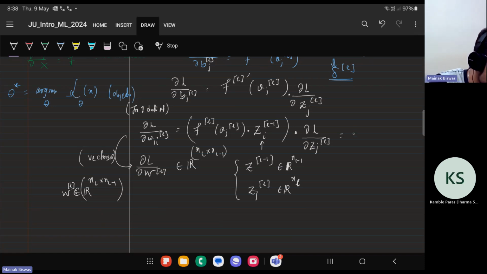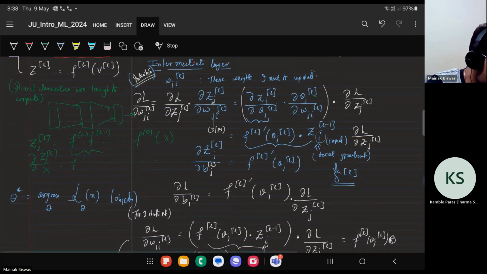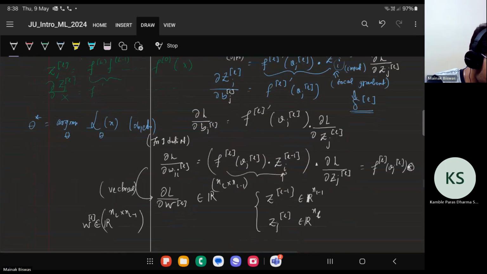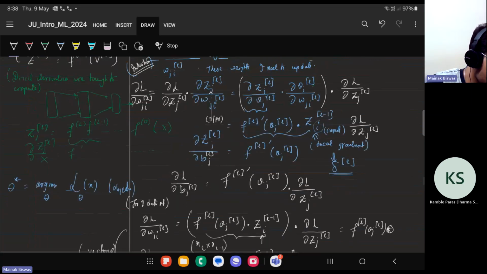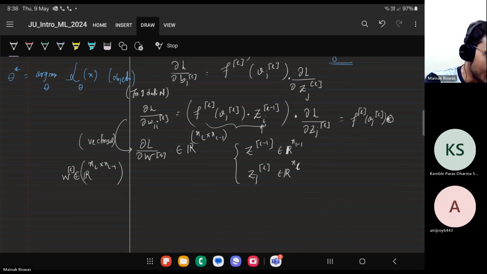So what will I do? I'll simply write this as F'L of Vj of L, a Hadamard product, since these are always one-to-one multiplication, right? So this Hadamard product with dL/dZj, because they are the same dimension.